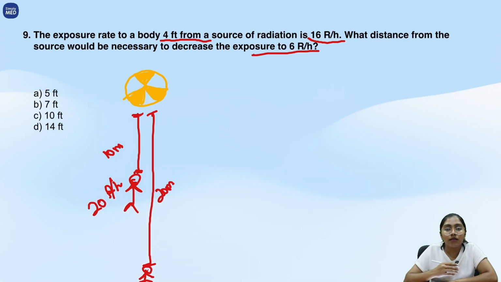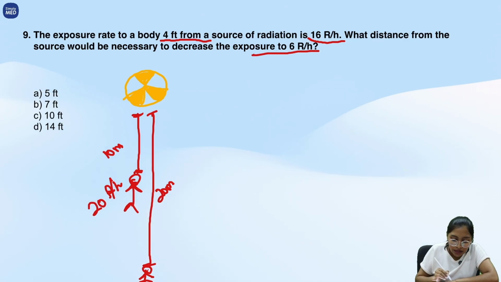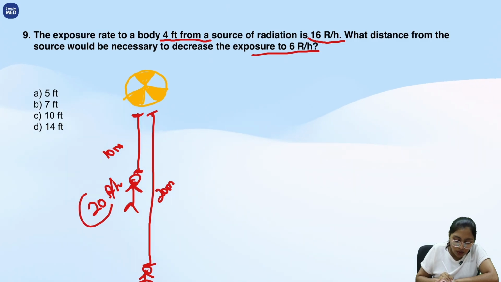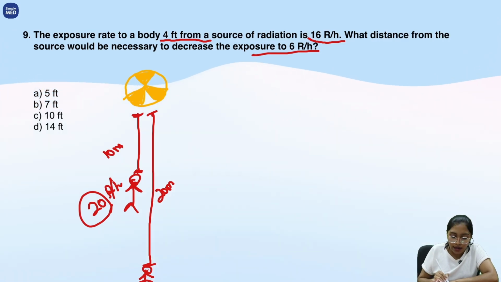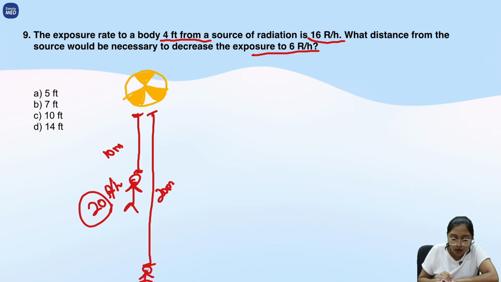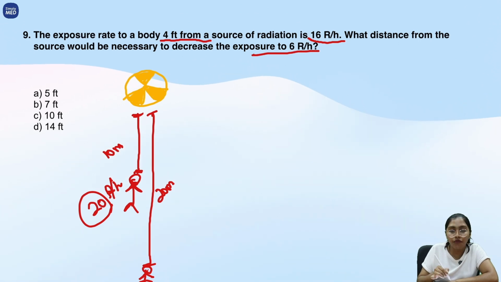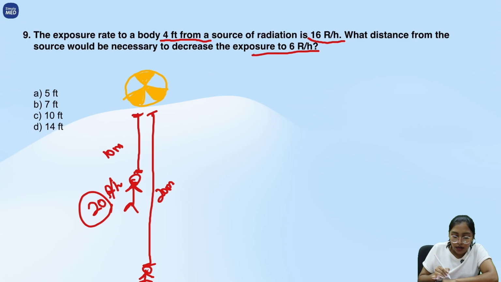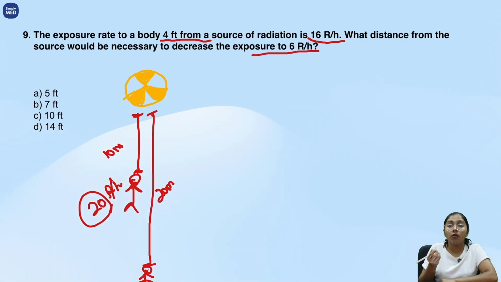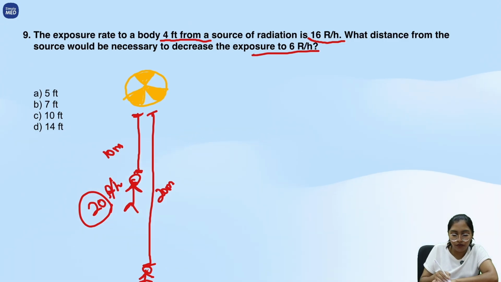And it is not just linearly decreasing. First the person was having 20 Roentgen. Now if this person has increased the distance to twice the earlier, don't think that the radiation exposure will be half of the first value, like 10. No. How much will be the new radiation exposure? It will reduce by the square of how much we increased. How much did we increase here? 2 times, right? 10 was doubled to 20.